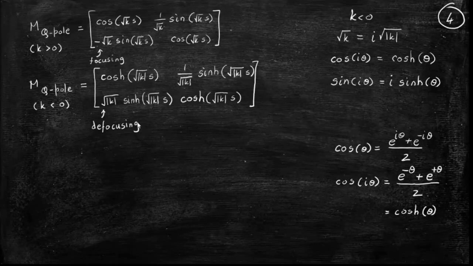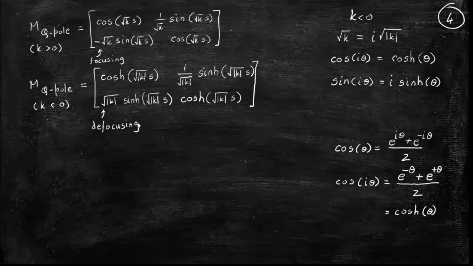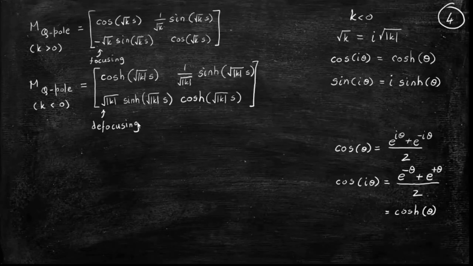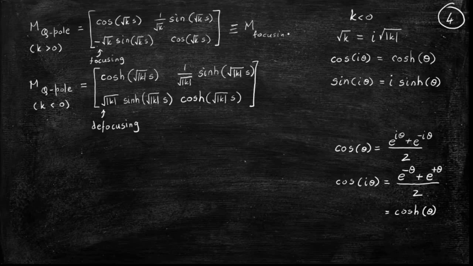Okay. So basically, instead of calling quadrupole with k greater than 0 and quadrupole less than 0, the first one is basically the matrix for a focusing quadrupole.